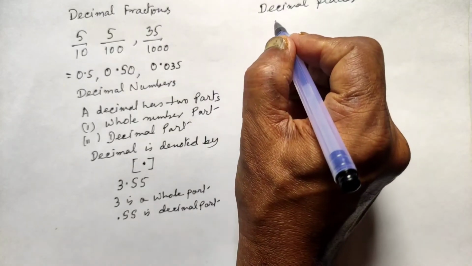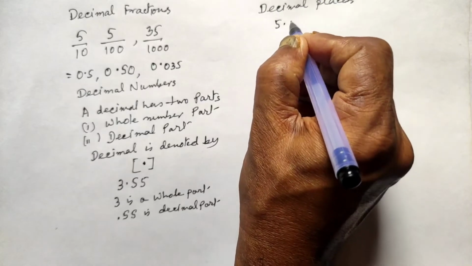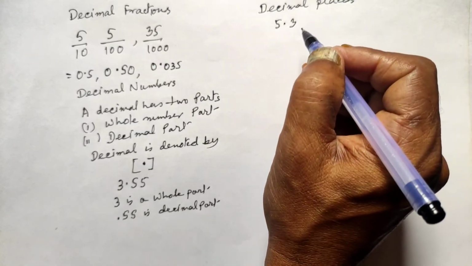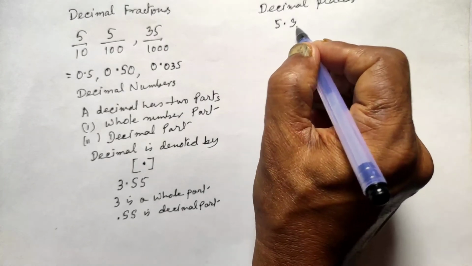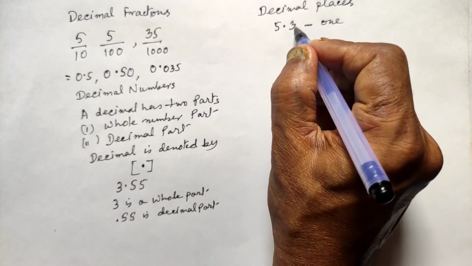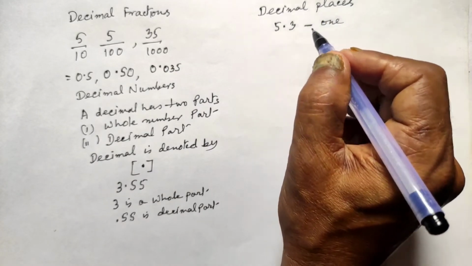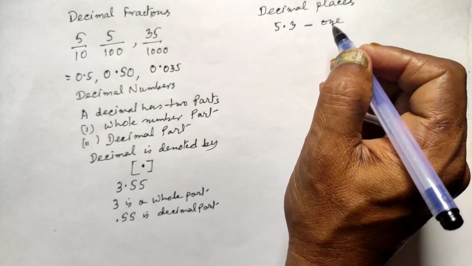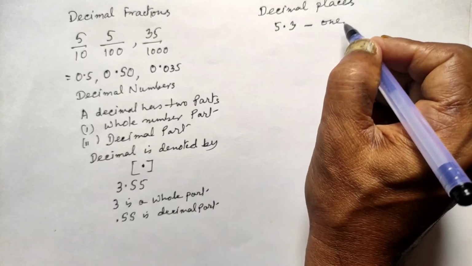Like over here, if I say 5.3, how many decimal places? Here 1, because after the decimal point there is one digit, 3. So only one time, that means one place.